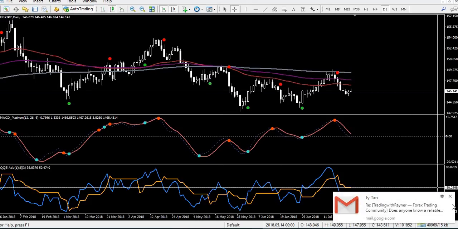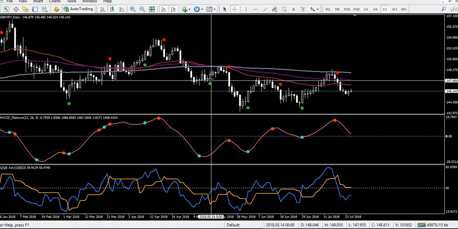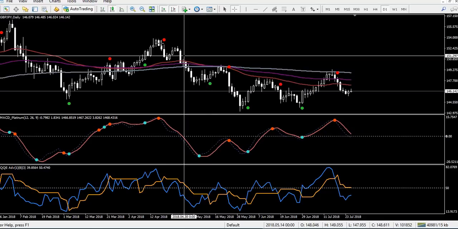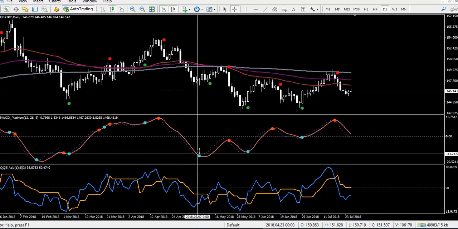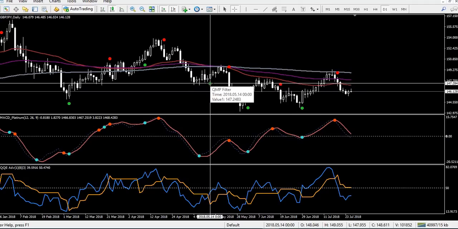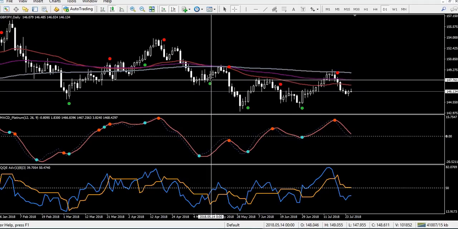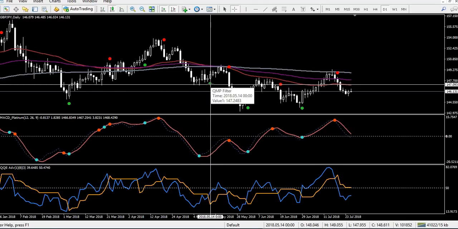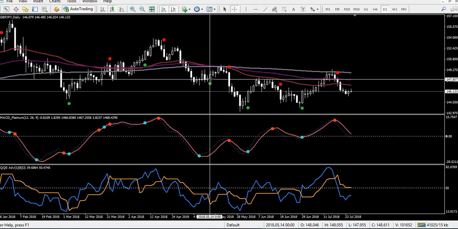These dots will only happen after the candle is closed. So the candle has to close. You won't see any of these dots mid candle. Same with the MACD Platinum. They will only appear once the candle is closed and the signal's confirmed, so that it won't appear and disappear halfway through a candle. It only appears once this candle's closed.